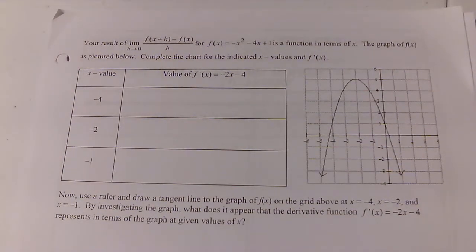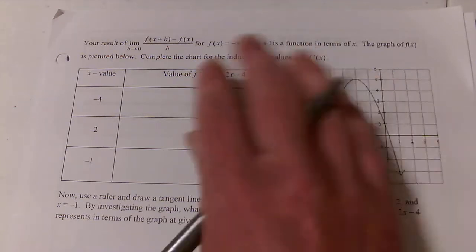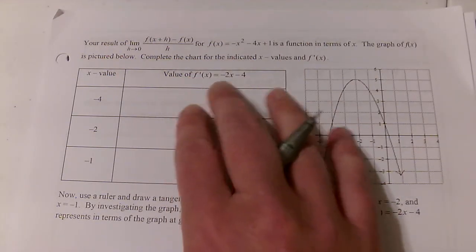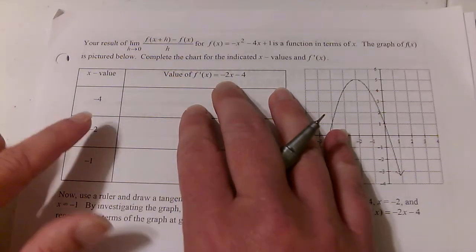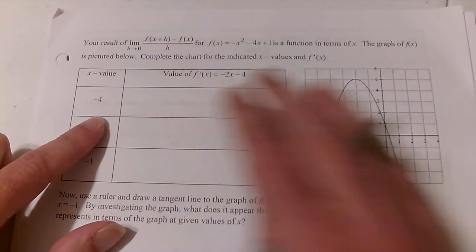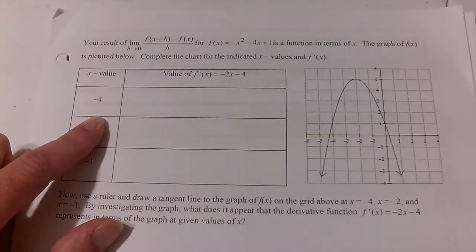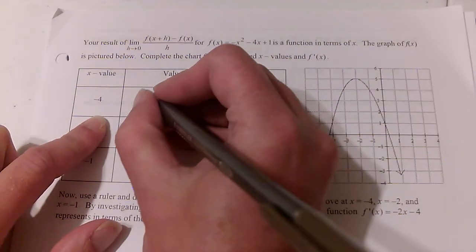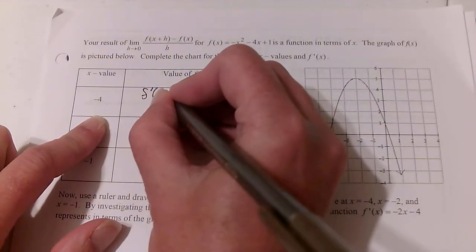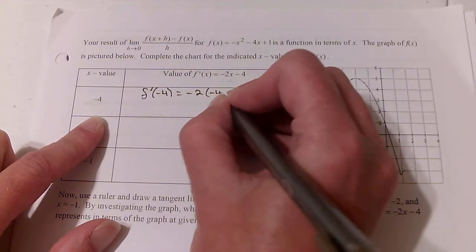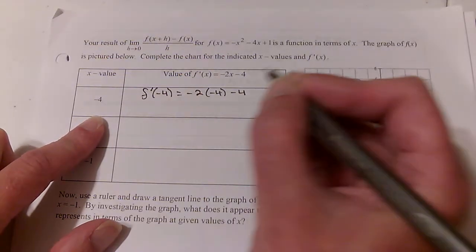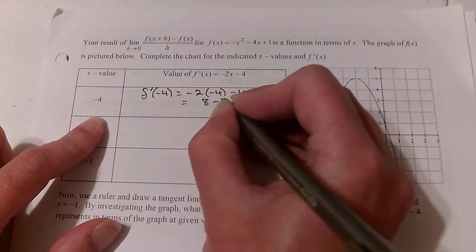So let's think about what that really means graphically. So we have our f of x, and we found f prime, which is another way of saying the derivative. And what if I plug in negative 4? So I'm going to find f prime of negative 4. So that's negative 2 times negative 4 minus 4. That's 8 minus 4.